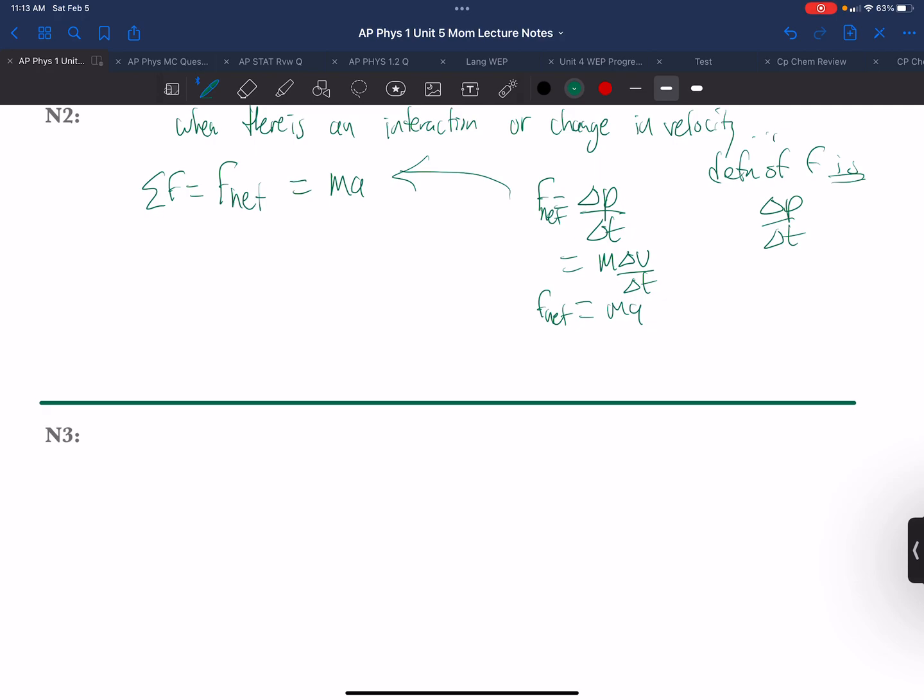Newton's third law says, and we can see this very clearly when we have an explosion type interaction, the law of conservation of momentum, which says the initial momentum equals the momentum at any instant in time.